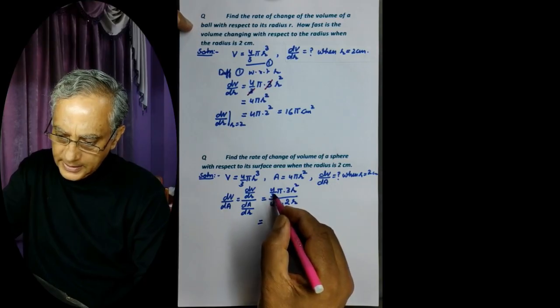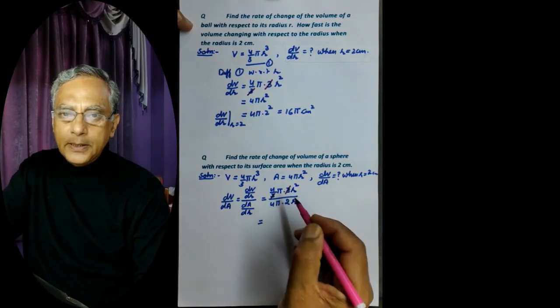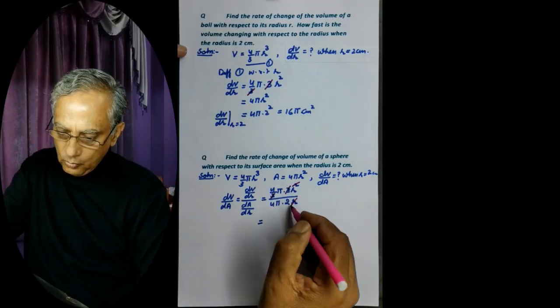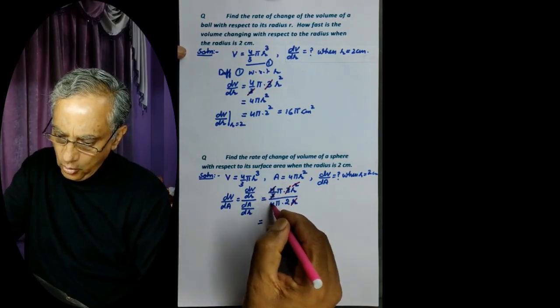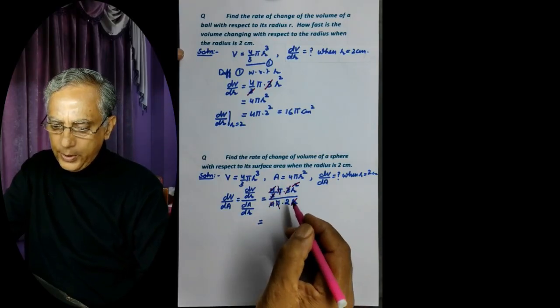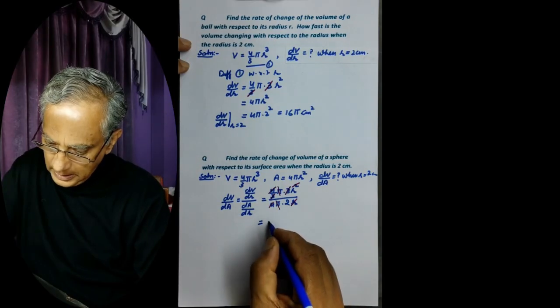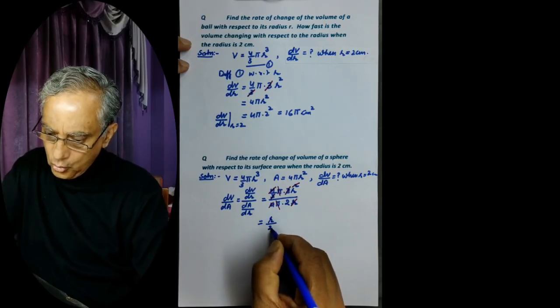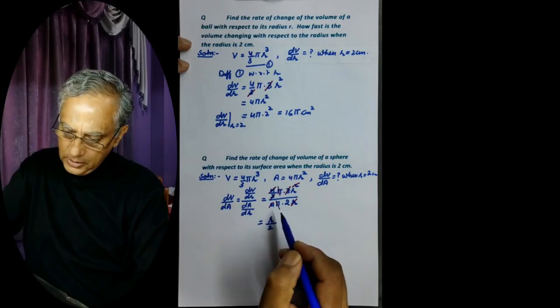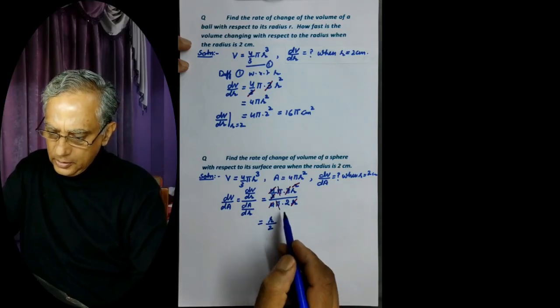Now this 3 cancels with this and r cancels with this. 4 cancels with 4, pi cancels with pi, and we are left with r by 2. All other terms have cancelled.